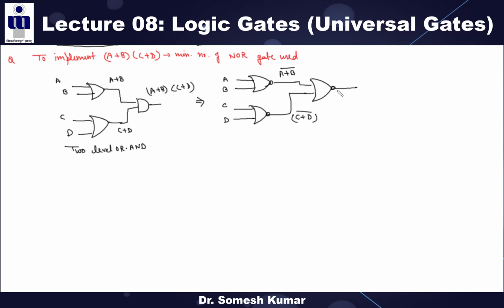Clear the thing? So how many NOR gates are required to implement this two level OR AND circuit? A two level OR AND circuit can be implemented with a two level NOR circuit, right? So to implement this circuit, we need three NOR gates. 1, 2, 3. Right? Clear?